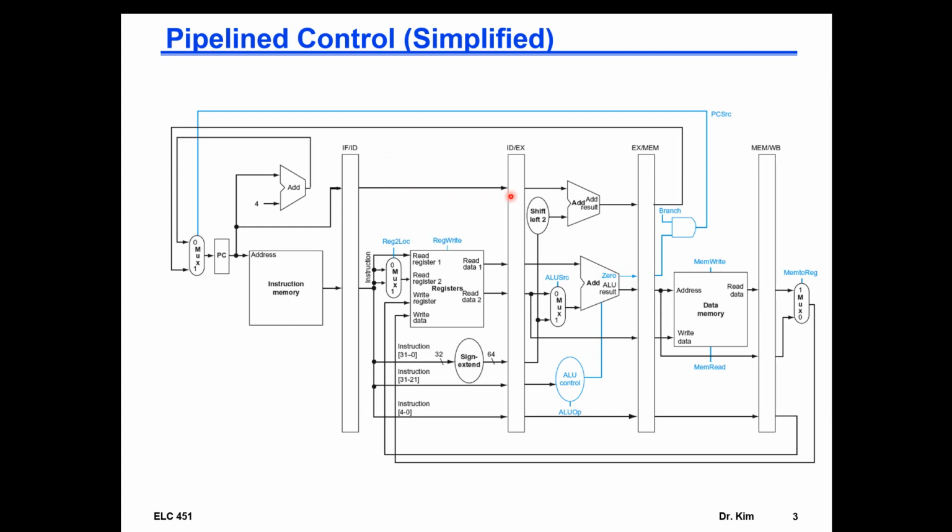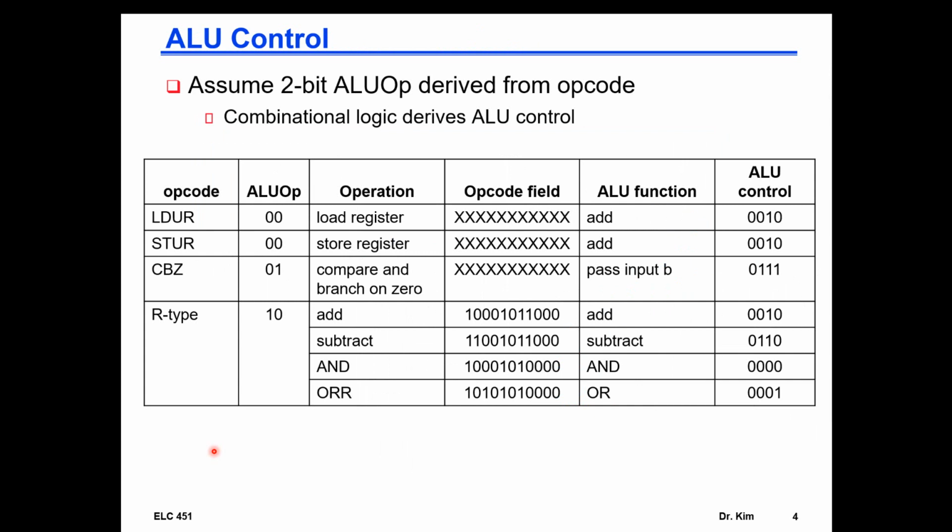But now these control signals are going to be generated in this stage from the main control, which is the same as the single cycle, but the control signals are going to travel down the pipeline through the pipeline registers to reach the stage that they need to reach when they need to reach it. So it's going to be synchronized with the instruction.